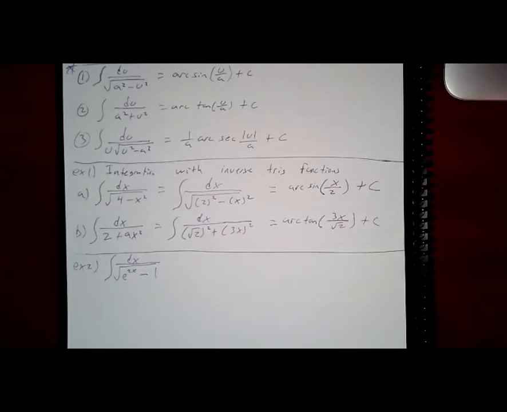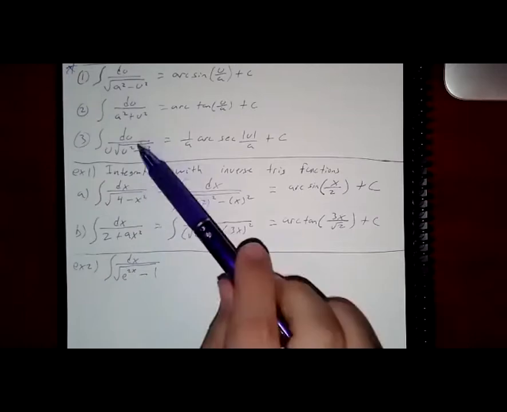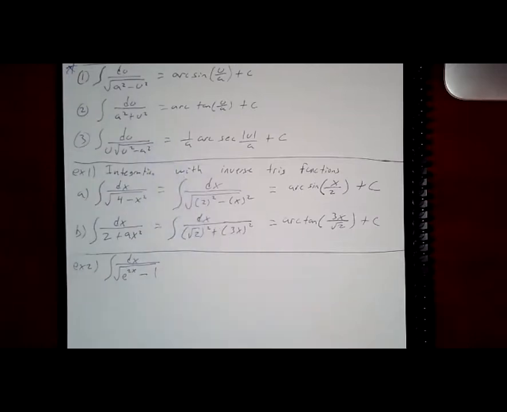So we're going to use 1, 2, or 3. Which one do you think it probably is? Third one. Yeah, I think it's going to be number 1. Maybe. Although, if you look at 1, the number is squared minus the variable. We have some weird variable minus a number. So I think it's going to have to be 3. Yeah.